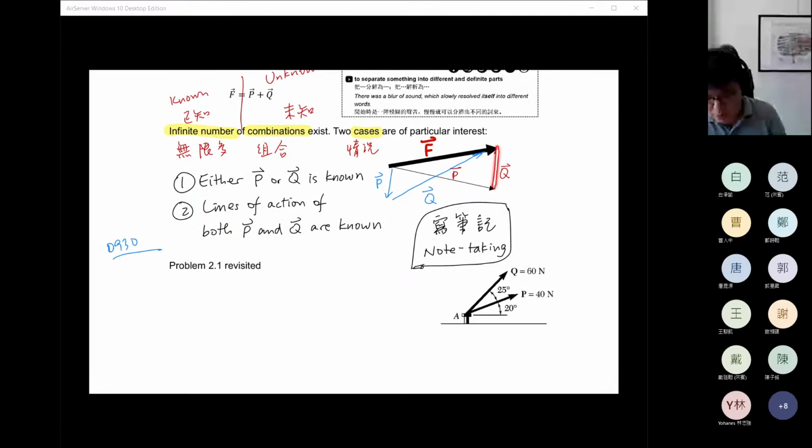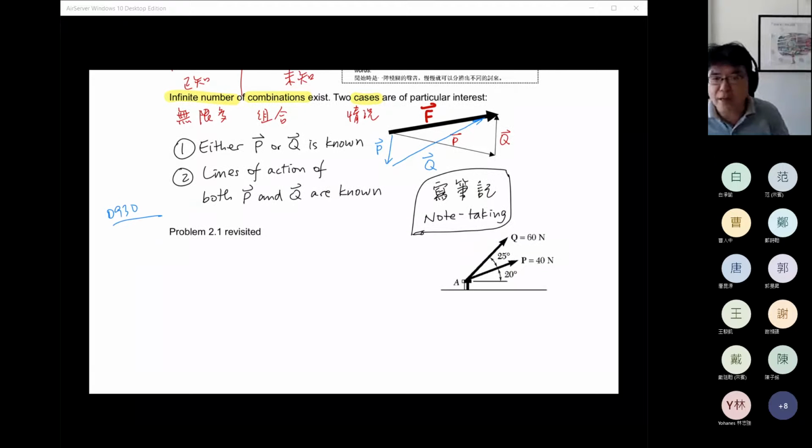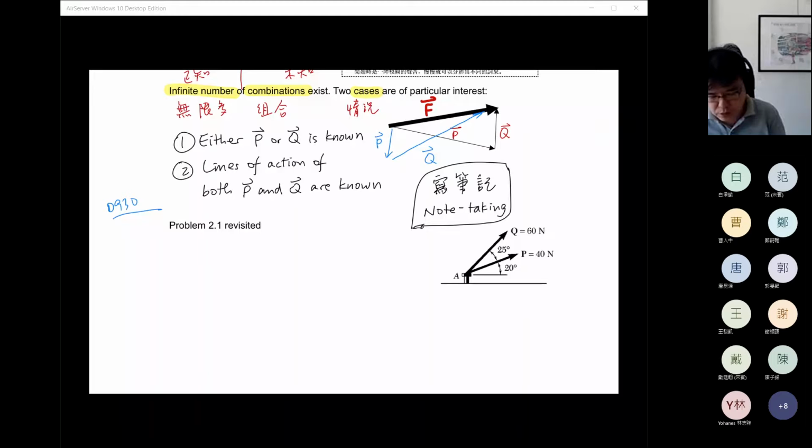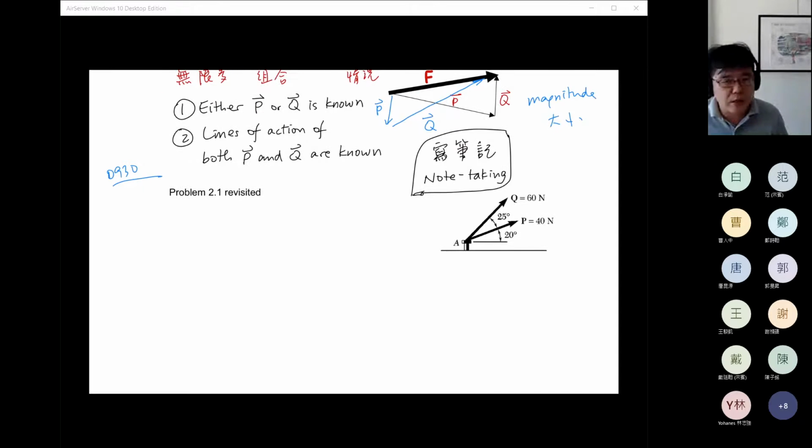If we know Q, and we know P plus Q equals F, we can get P. The other case is we don't know P and we don't know Q either, but we know the directions of P and Q, and then we use the law of sines and law of cosines, which you must know, to calculate the magnitudes of P and Q. So that's where we ended last Thursday.